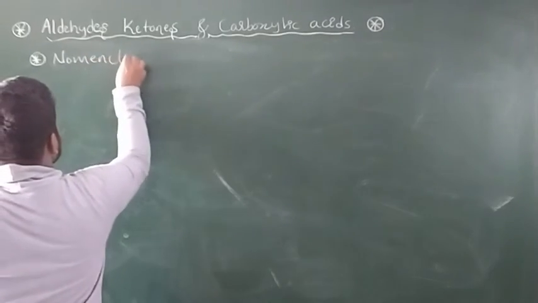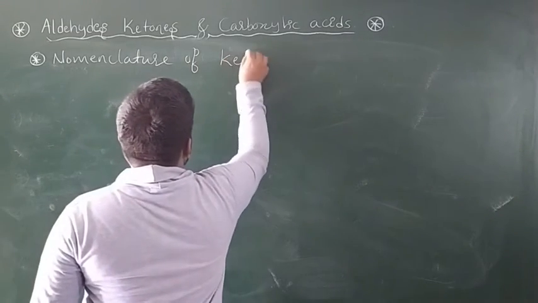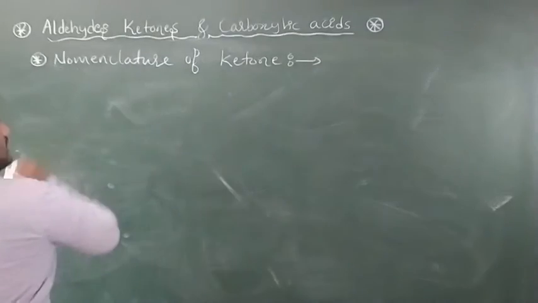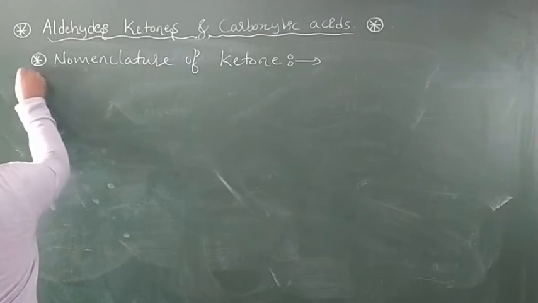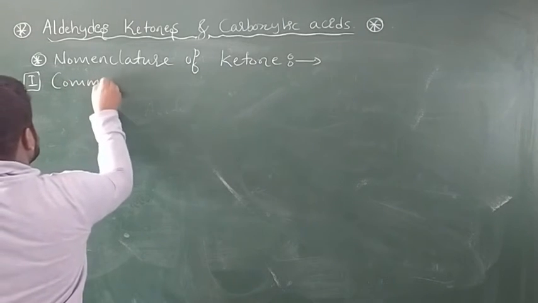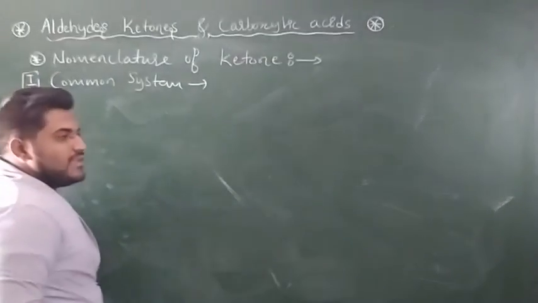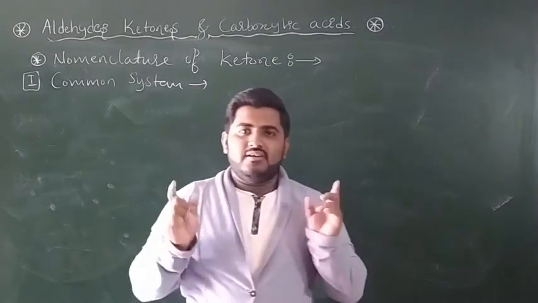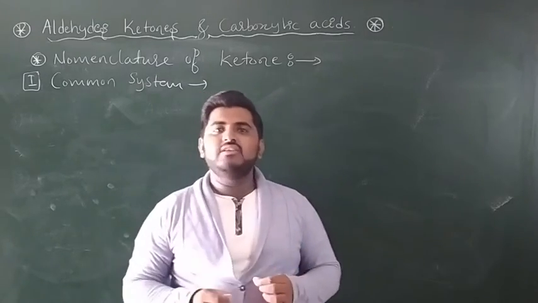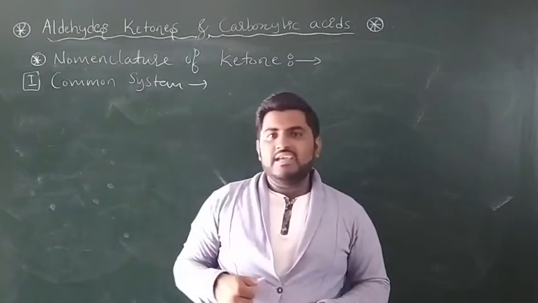Next one, nomenclature of ketone. Again there are two types of nomenclature. The first one is the common system. In the common system, ketones are named by writing the two alkyl or aryl groups and adding the word ketone. That's it. Some common names are also there in case of ketone.